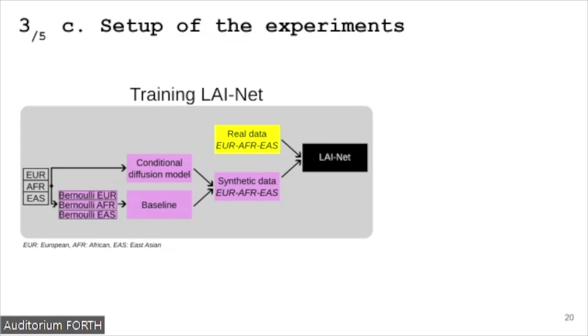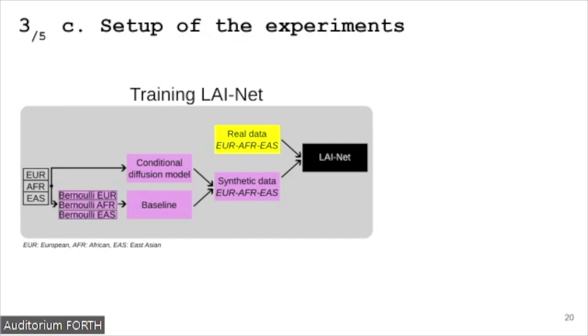So now I will present the setup of the experiments. To train a Linet model, we have the real data and the synthetic data. For both data, we chose to contain European, African, and East Asian samples because they are the least admixed populations that we have. And then the synthetic data is coming from two generative models.